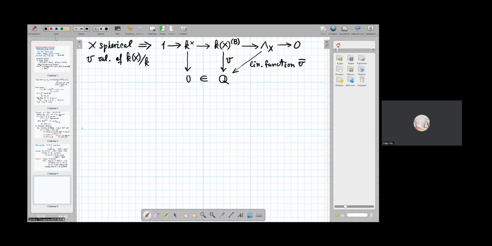And here is a crucial lemma. It says that a G-invariant valuation V is uniquely determined by this linear function.